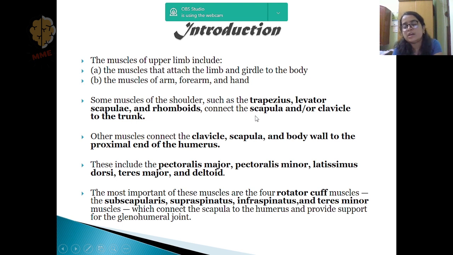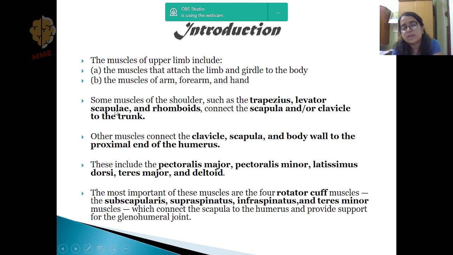Now these muscles are not of so much importance for you. They have multiple sites of origin and the origin might be difficult for you to remember as of now, but the insertion you will come across while studying the bones of the upper limb or the osteology part. For example, the trapezius gets inserted in the lateral third of the clavicle, the anterior surface and upper surface, also some areas.